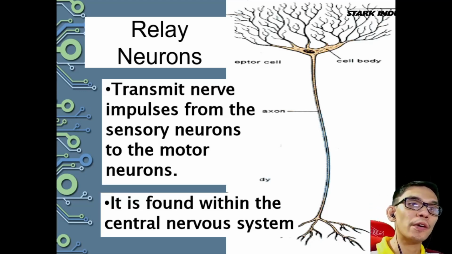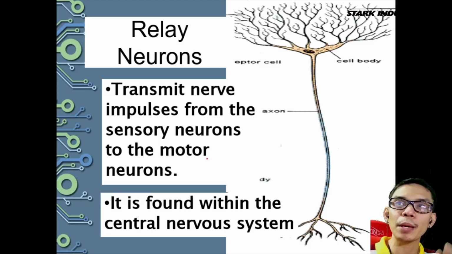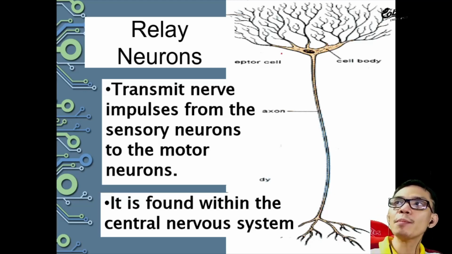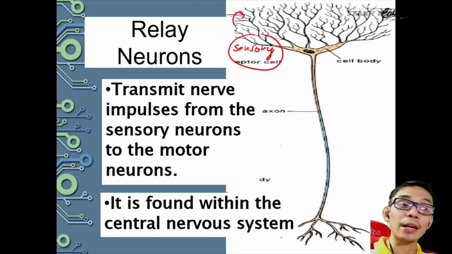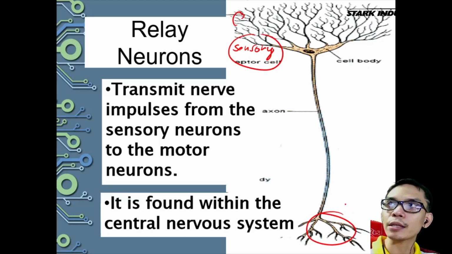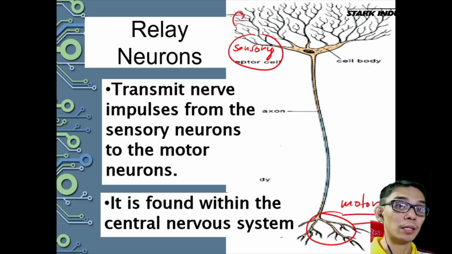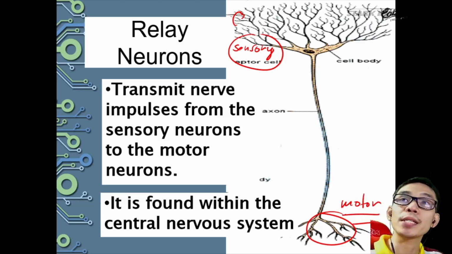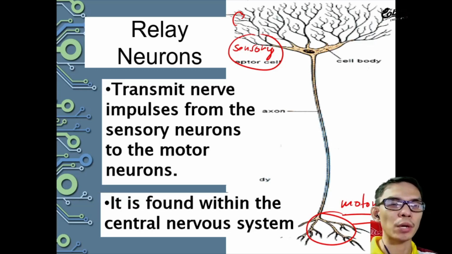Most of them are found in the central nervous system. The dendrites over here are attached to the sensory neuron, and the axon is attached to the motor neuron. They are also known as interneurons, the relay neurons that we have right here.